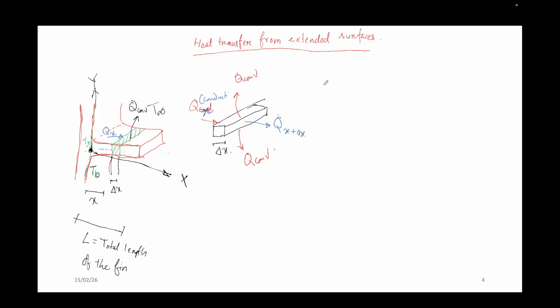So we have the energy conservation equation. What can I write from here? Qx, the heat conduction in this region, should be equal to the heat conducted out of this region plus Q convection total.